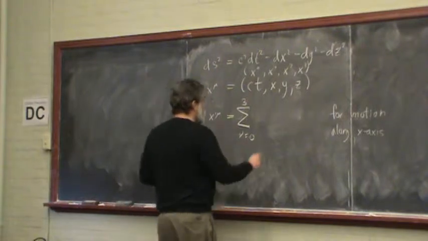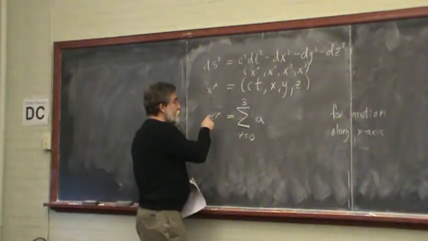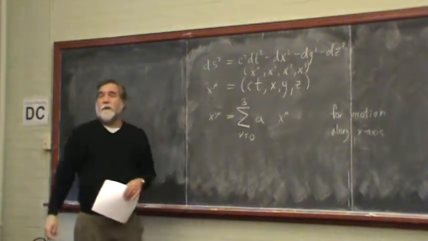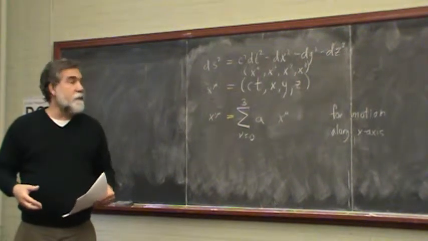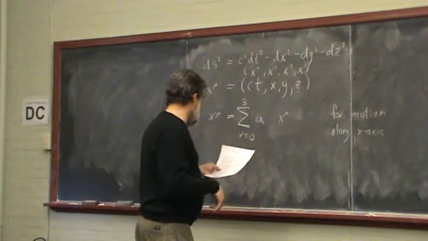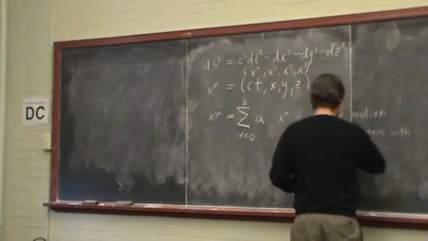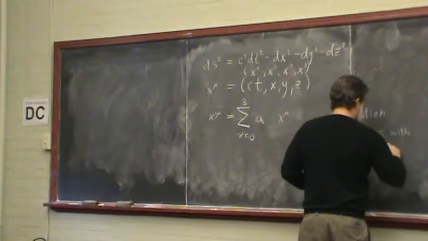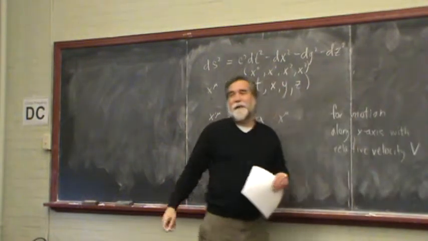All right, so in order to transform between the coordinates in one frame and the coordinates in another frame, and now I'm just moving along the x-axis with, let me choose a relative velocity, V. All right.